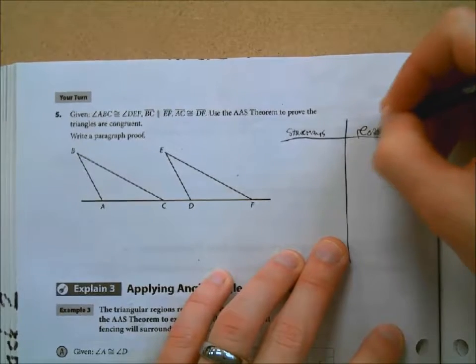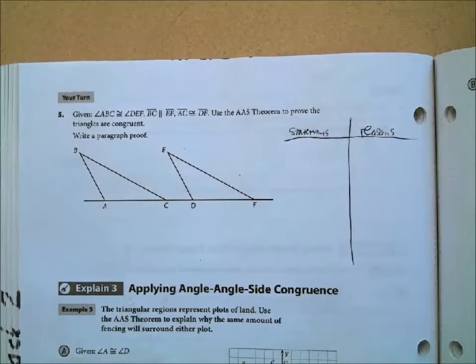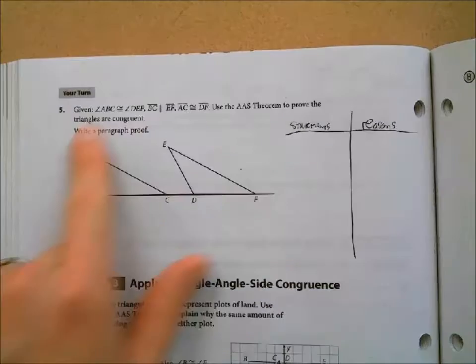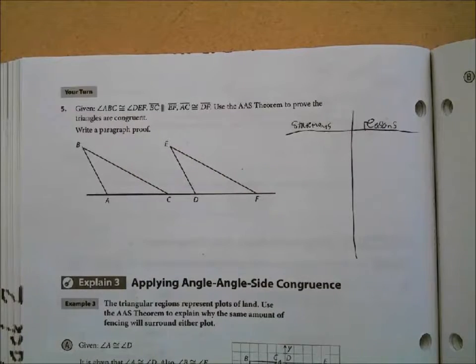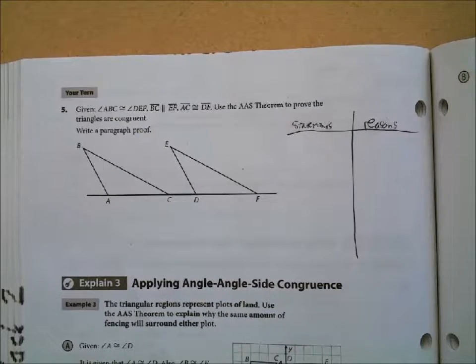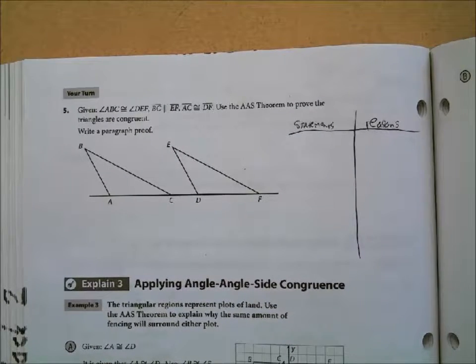So why don't you go ahead and mark up the diagram there with the given information. If you're feeling confident or you think you've got an idea, go ahead and get started on the proof too. Take a minute, at least mark the information on your diagram, and then maybe get started on the proof if you think you've got it, or you want to at least give it a try.